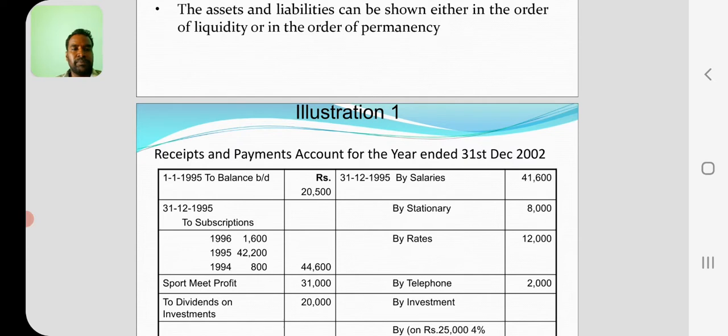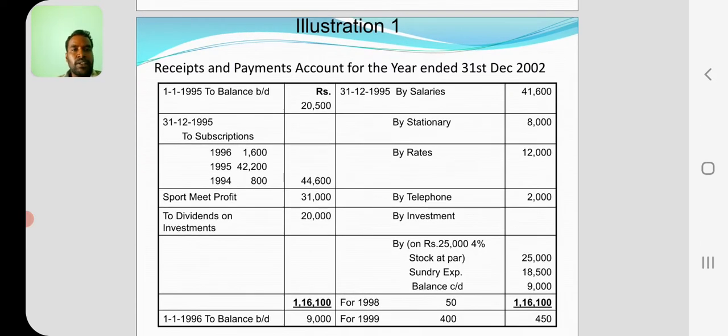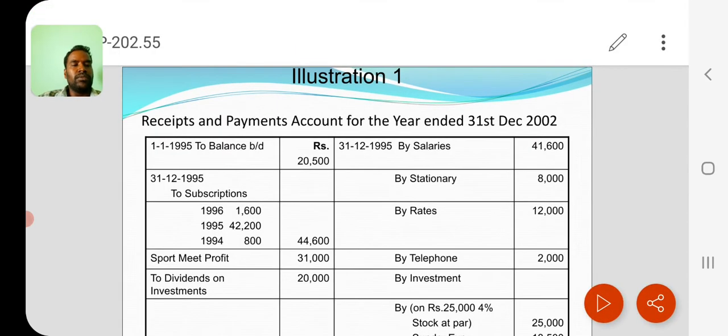See here, receipts and payments account for the year ended 31st December 2002.